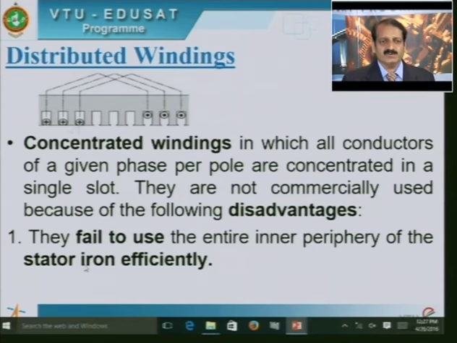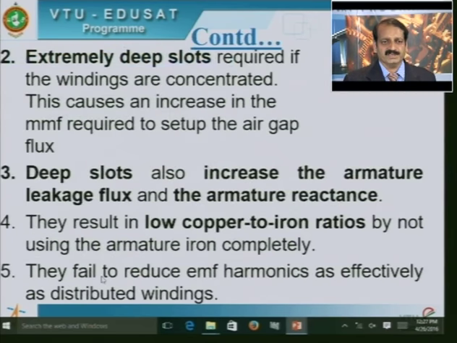First disadvantage, they fail to use the entire inner periphery of the stator iron efficiently. Second, they require extremely deep slots, and because of this they increase the MMF required to set up the air gap flux. Deep slots also increase the armature leakage flux and the armature reactance, and because of this the voltage regulation of the alternator increases.